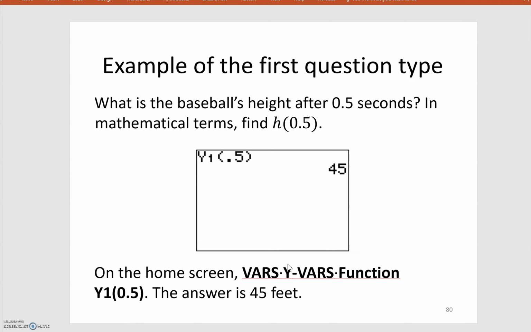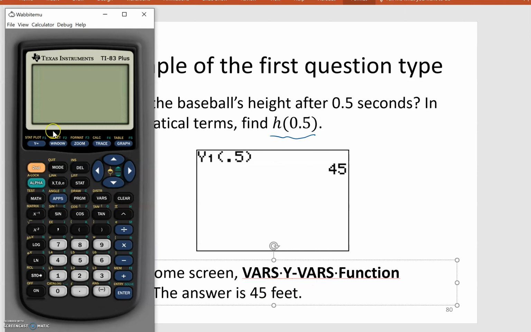For example, in regards to the problem that we have at hand, if I ask you what is the baseball's height after 0.5 seconds, that's a type 1 question because I'm giving you a time, which is an input, and I'm asking you for a height, which is an output. That would mean finding h of 0.5, or in the calculator, we would be running the vars, yvars procedure. It would look something like this.